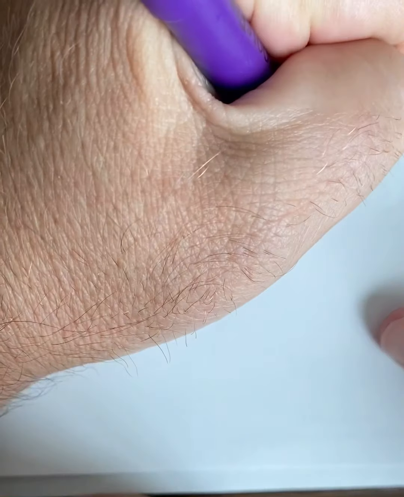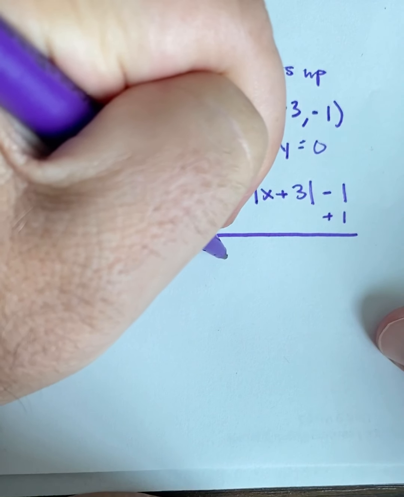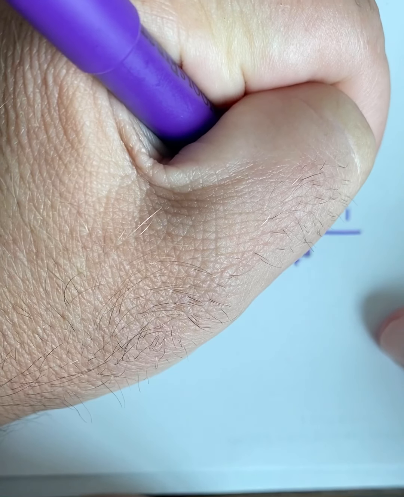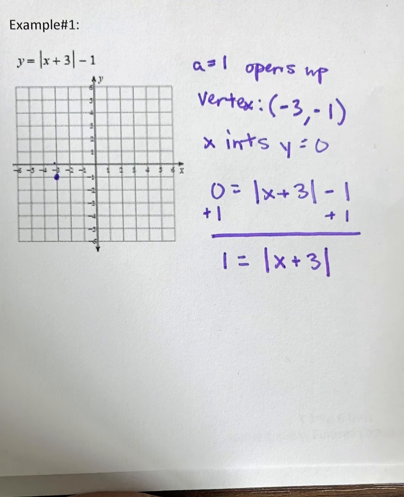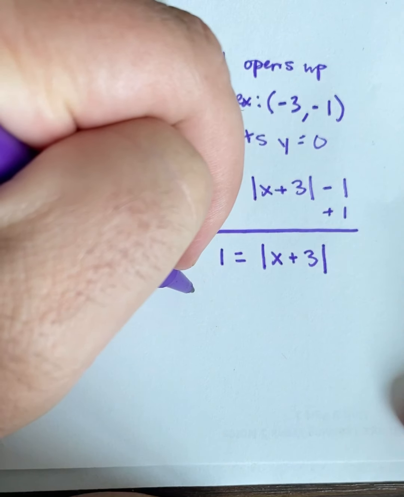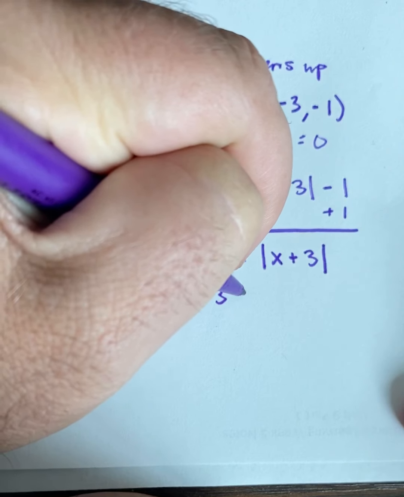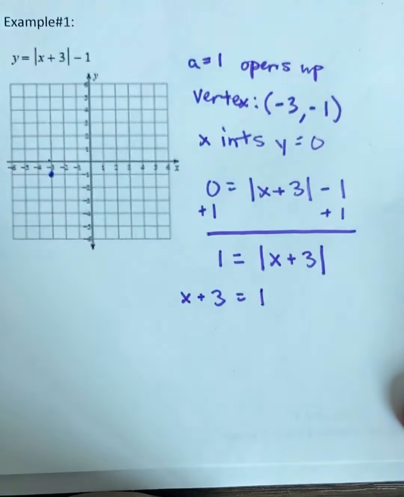We're going to add 1 to both sides first, and we're going to have 1 equals the absolute value of x plus 3. The trick with absolute value and solving for x is that you need to solve for x 2 times. First, we just drop the sign and pretend it's not there. So it's going to be x plus 3 equals 1.